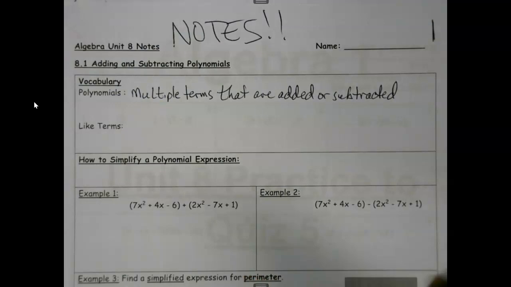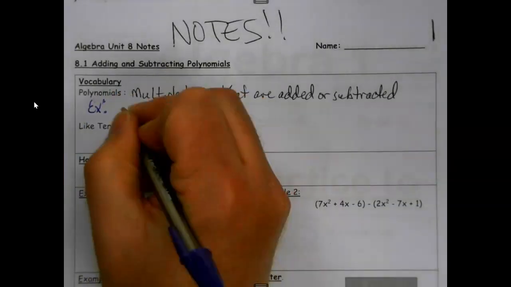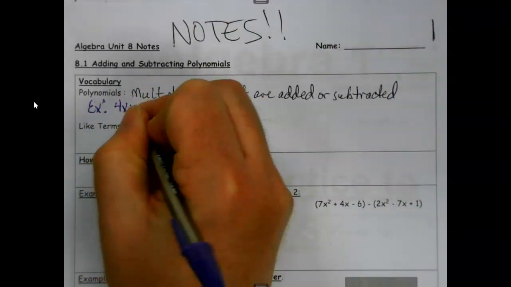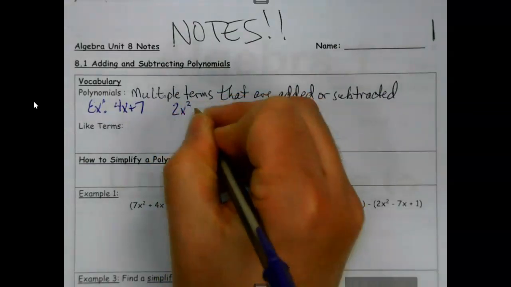So if you wanted an example, it could be something as simple as 4x plus 7 or 2x squared minus.